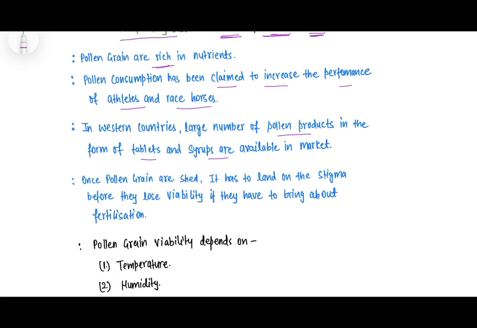Once pollen grain are shed, it has to land on the stigma before they lose viability. So viability is basically a time period in which it can fertilize.